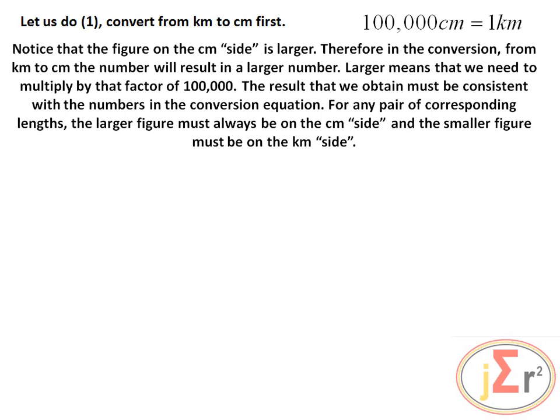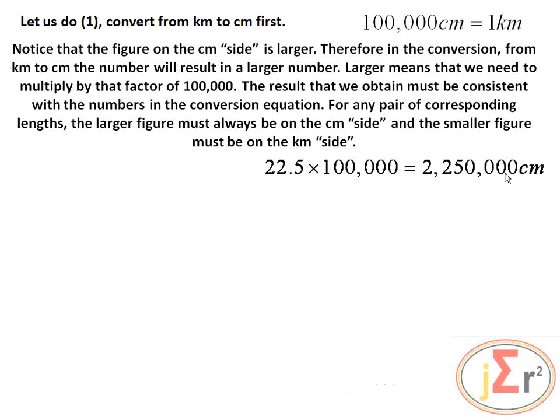For any pair of corresponding lengths, the larger figure must always be on the centimeter side, and the smaller figure must always be on the kilometer side. So if we are using this conversion factor, if we are going from kilometer to centimeter, then the number that we get on this side should be larger, being consistent with what we have right here.